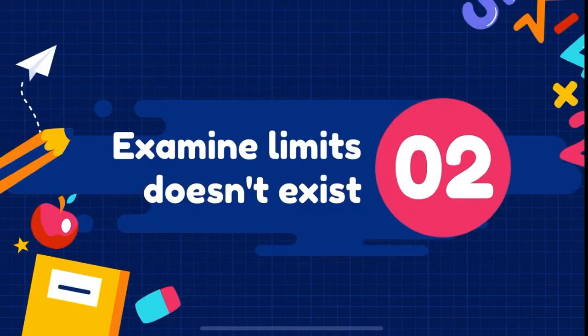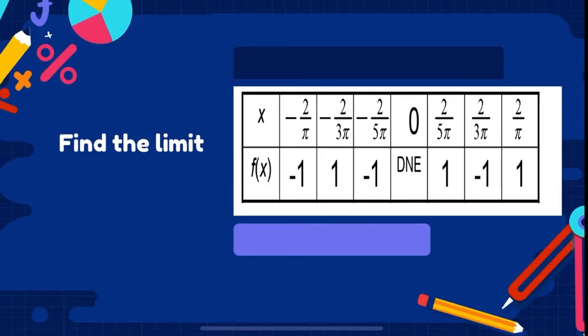And now let's take another example where the limit doesn't exist. As we can see here, the limit when x approaches 0 doesn't exist. Why? Let's try solving it first. When x is negative 2 over pi, f of x is negative 1. And when it's negative 2 over 3 pi, it's 1.